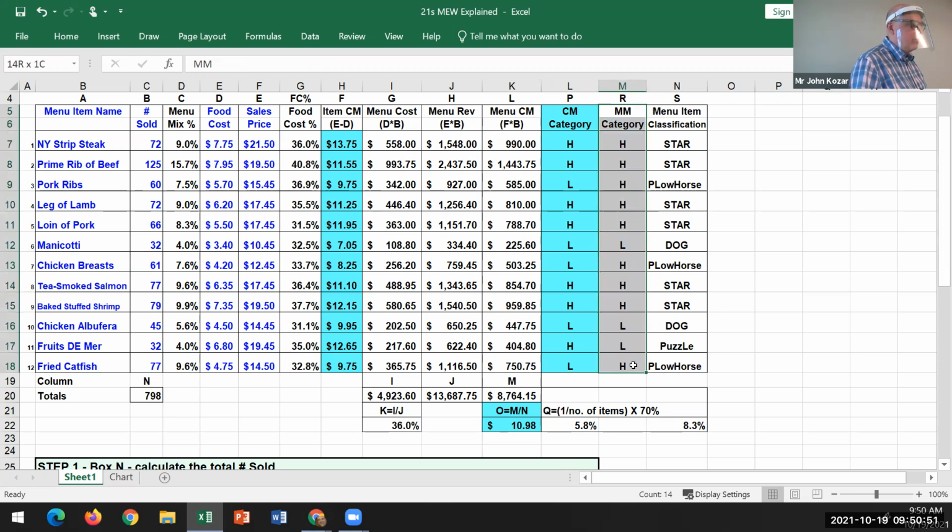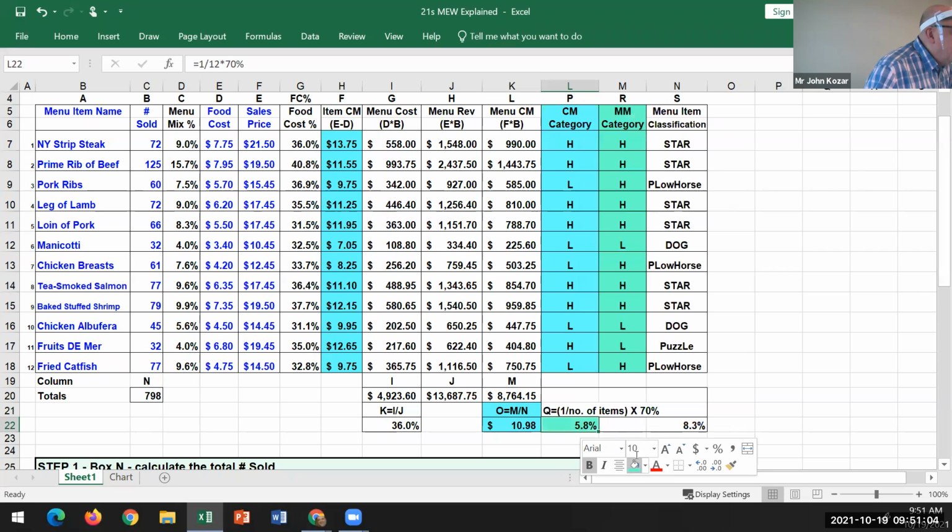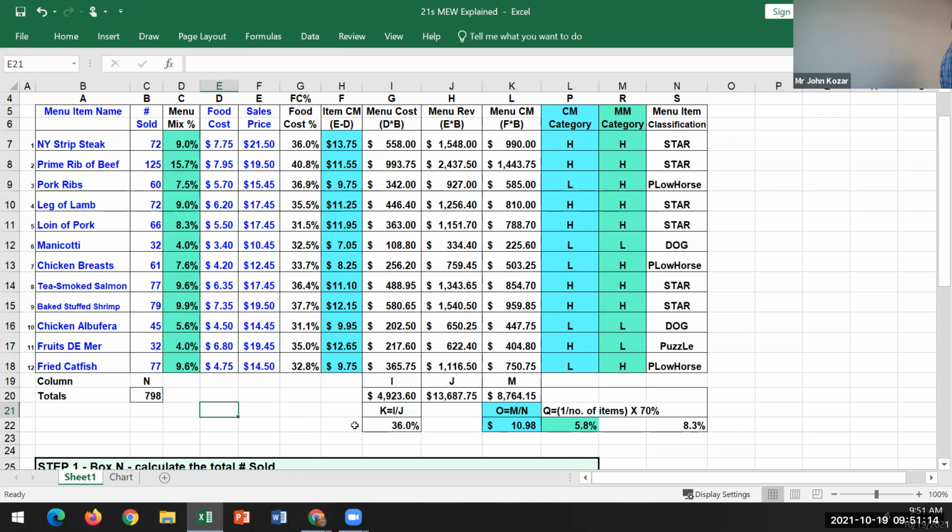So for menu mix category, we're going to compare each menu item's menu mix to the number that we have in box Q. If it's higher or equal to, it'll get an H. If it's lower than, it'll get an L. So once we're done with that, we're going to have two columns with the contribution margin and the menu mix categories.